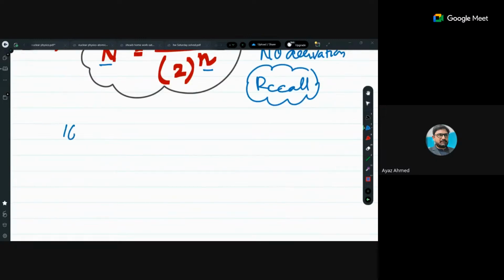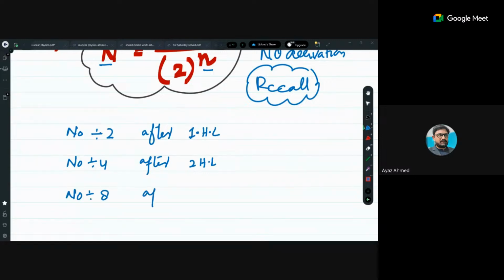For example, if you have 1600 originally, or generally not 1600, whatever that is, it will be divided by 2 after one half life, divided by 4 after two half lives, divided by 8 after three half lives, and so on. Are you getting my point?